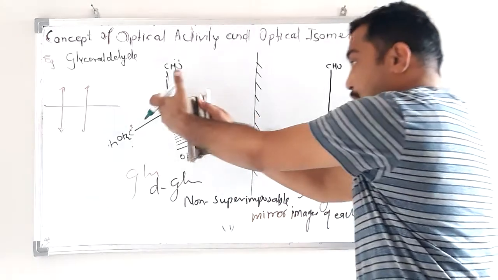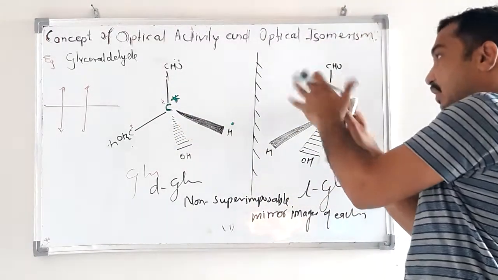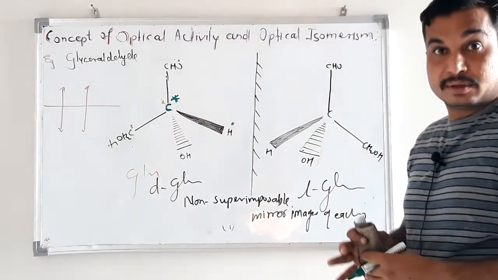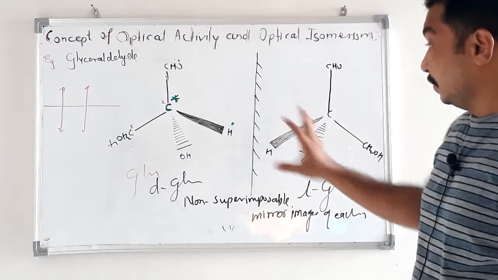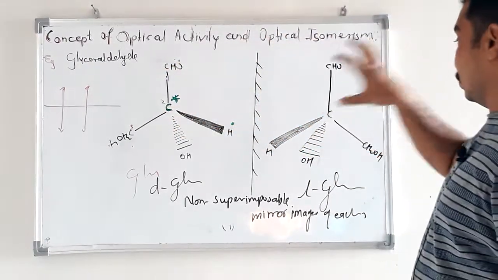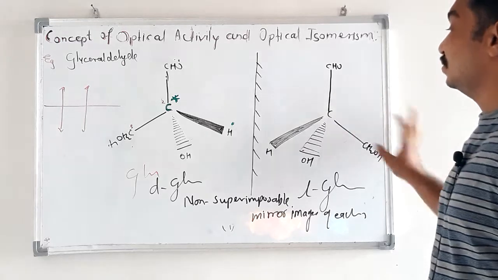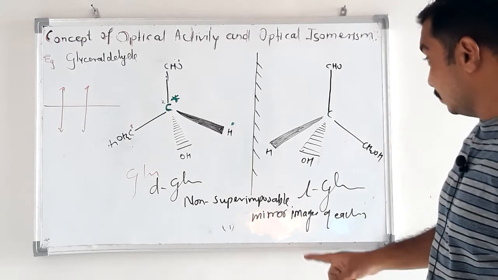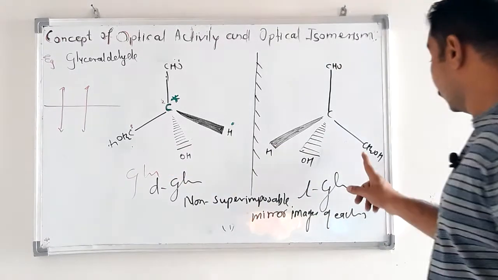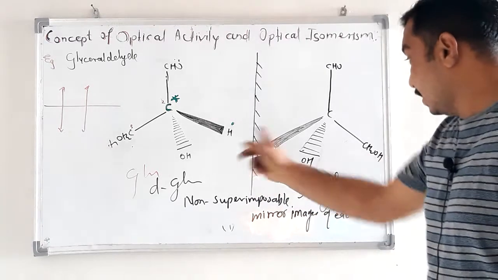Means if we put this compound on this, then there is no matching, no perfect overlapping between them. There is mismatching between CH2OH, CH2OH, H and H like this.